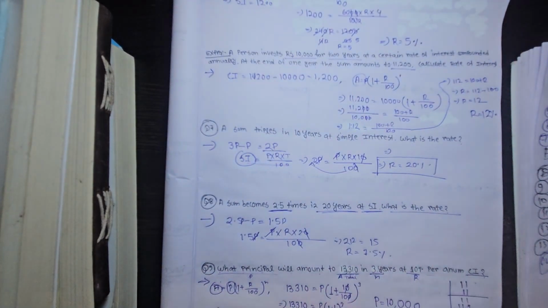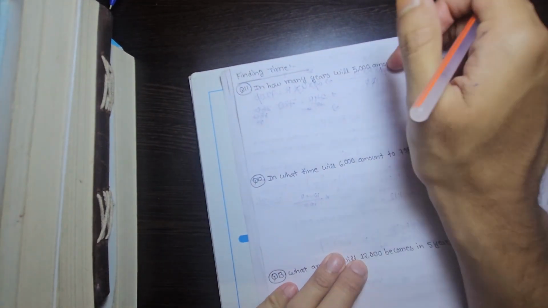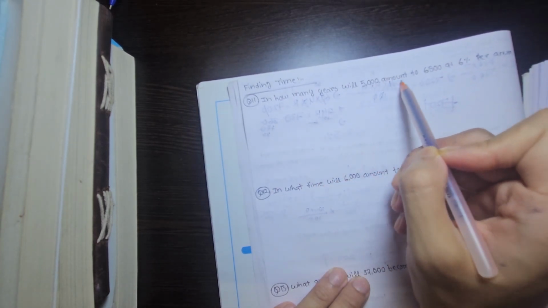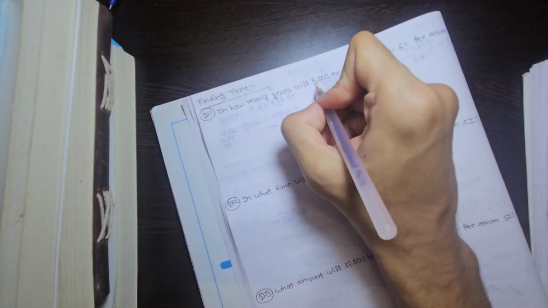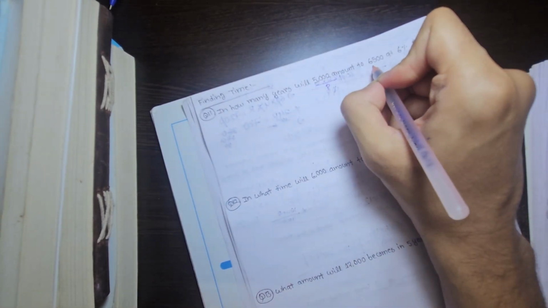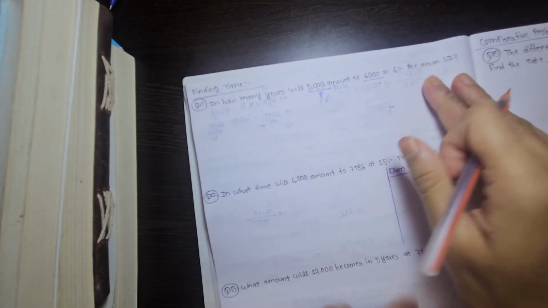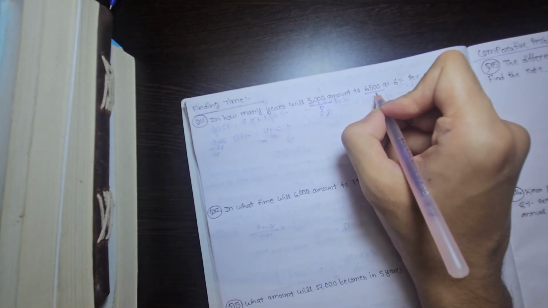Okay, now going to the next problem: in how many years will 5,000 amount to 6,500 at 6% per annum? We have the principal, we have the total amount it will be after some years. So we need to find the time.